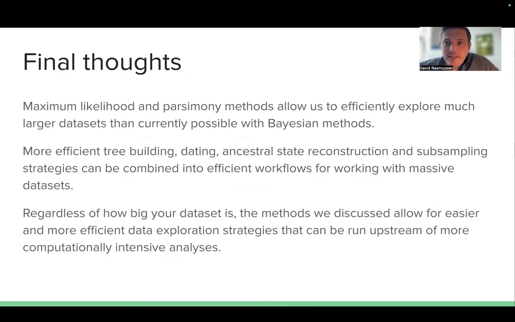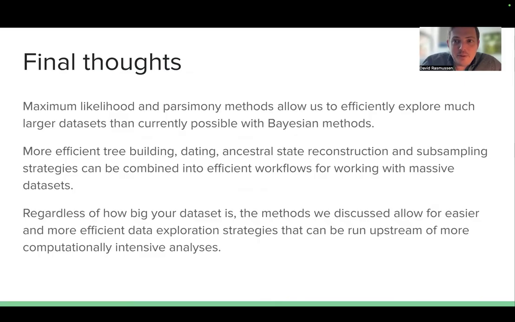And this can be quite nice for doing early exploratory data analysis, right? When you first get your own sequence data back, even if you have dozens or hundreds of samples, often you want to try very many different things quite rapidly.